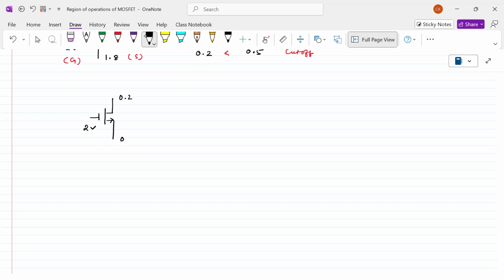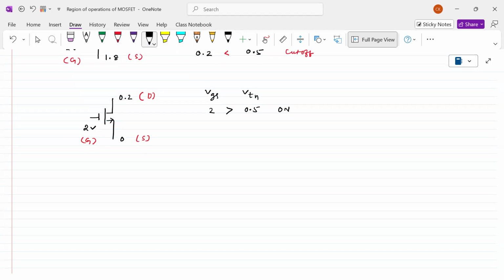Now what is the source and drain? This is the drain, this is the source, and this is the gate. What is VGS now compared with VTN? 2 here, 0.5. So VGS is greater than VTN, and now it is on.